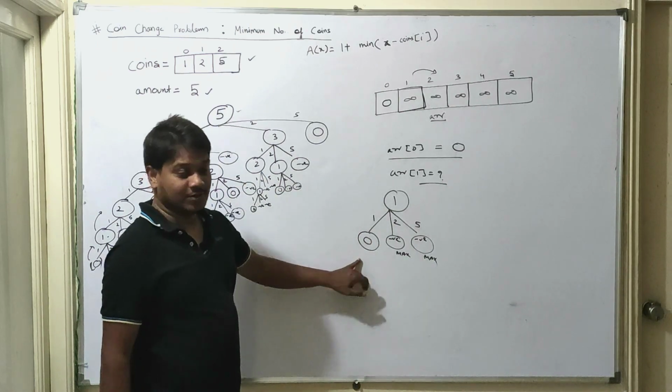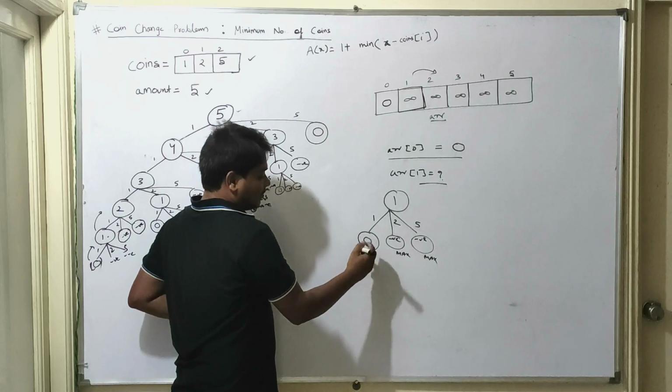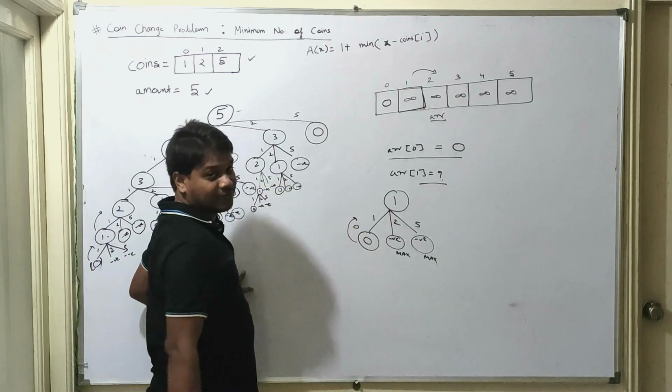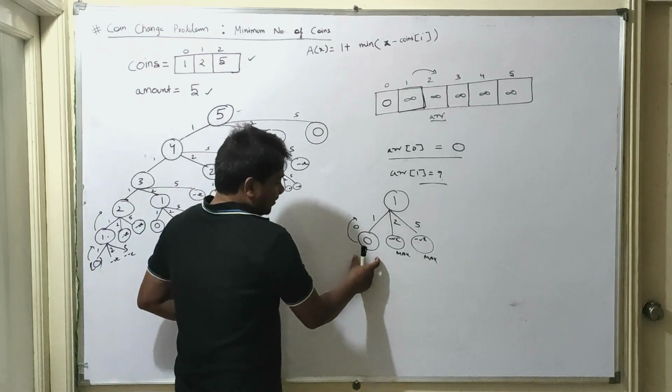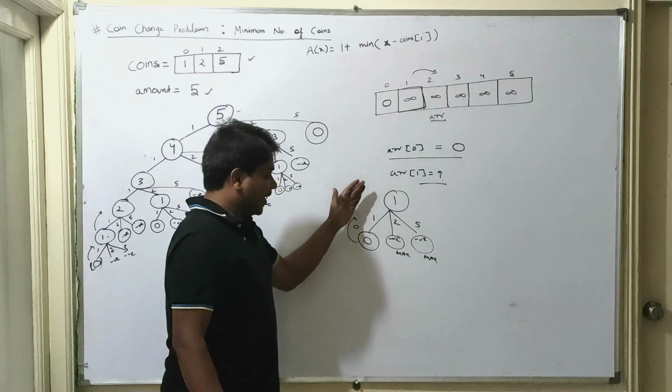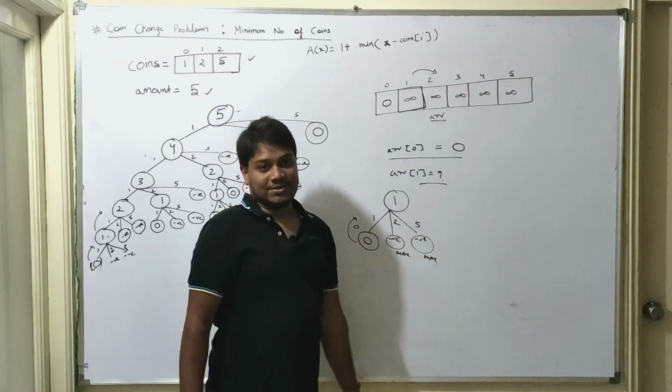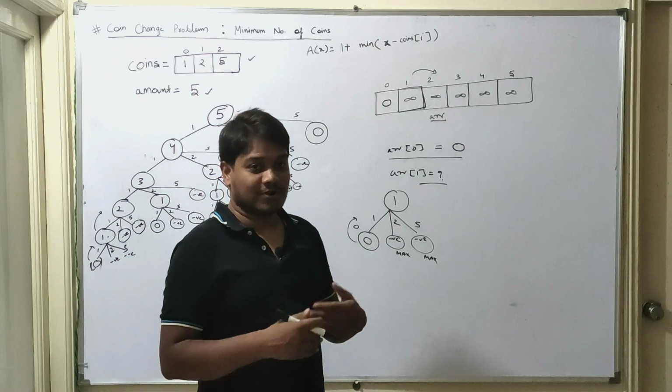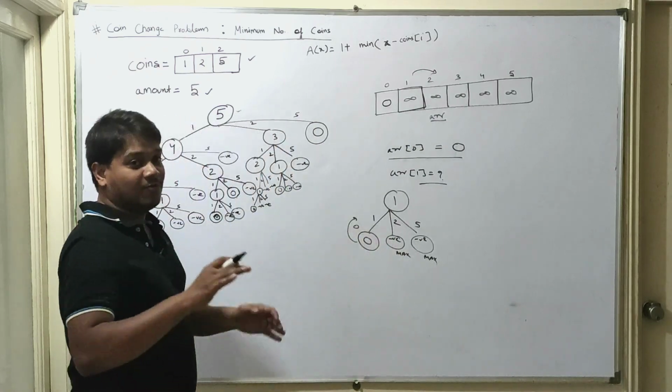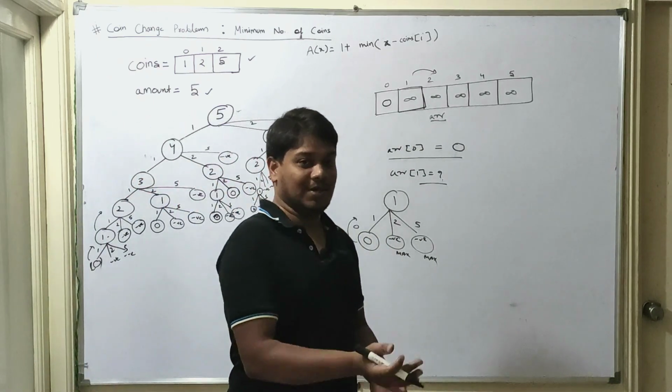Now for this we know the solution. So what is the solution? f of 0 is 0, so this will return 0 from here. Then again we can go in either of the paths, but we want the path with the minimum length.